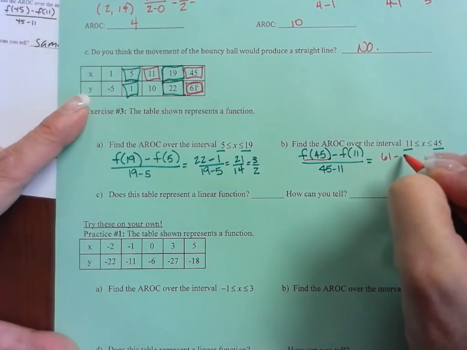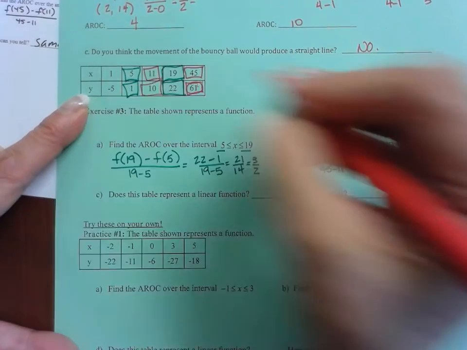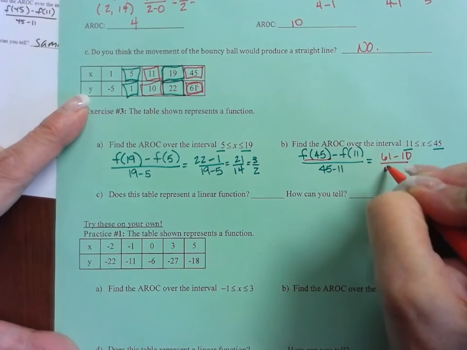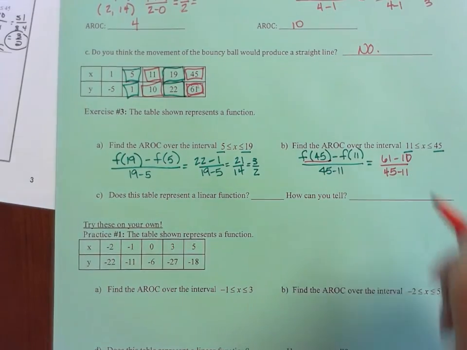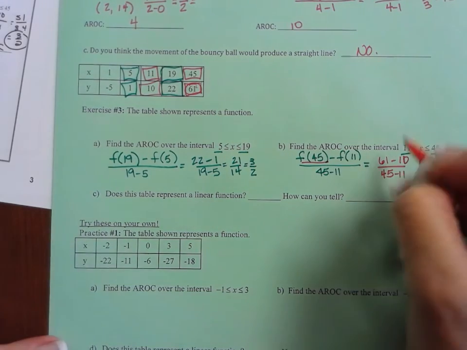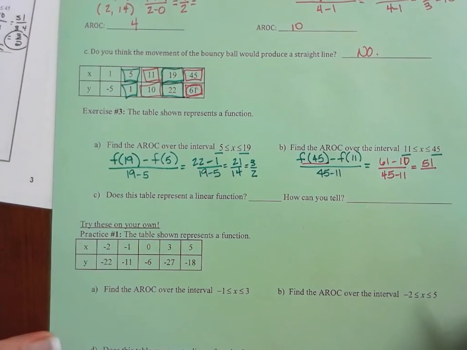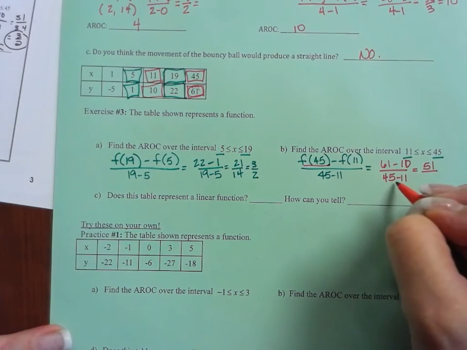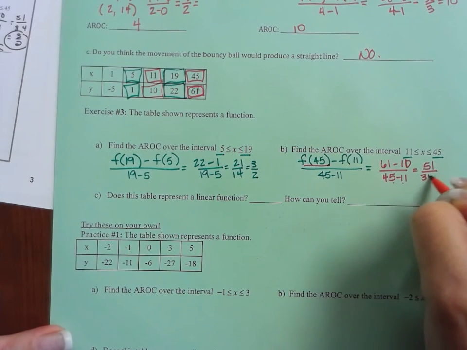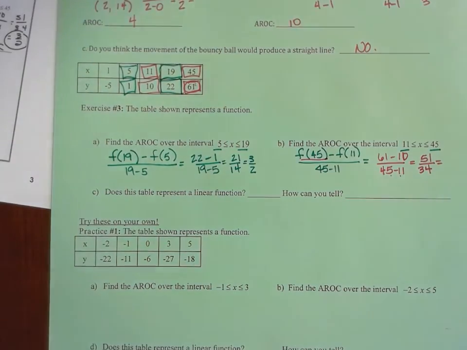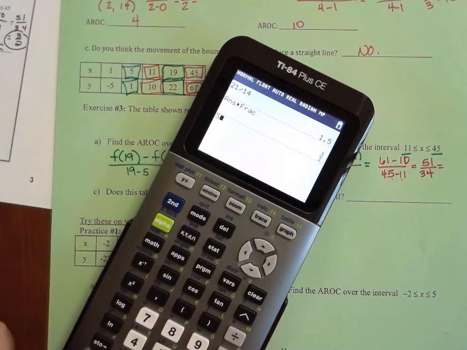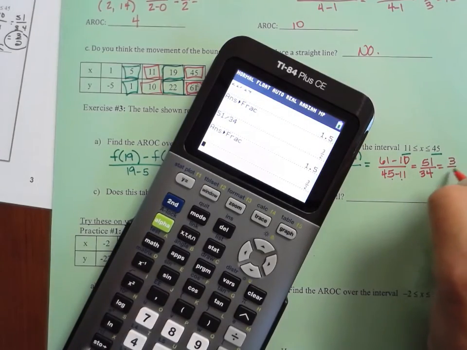And the f of 11 is going to be 10. So what's 61 minus 10? That's 51. 45 minus 11 is 34. Can I reduce that down? 51 divided by 34, put that into a fraction. Hey, look, I get 3/2.